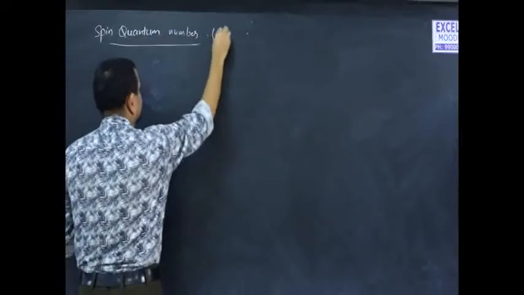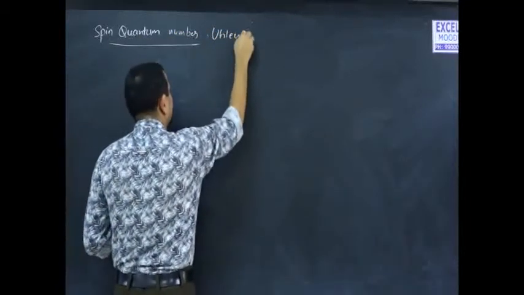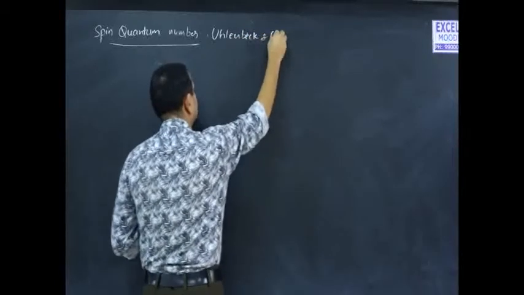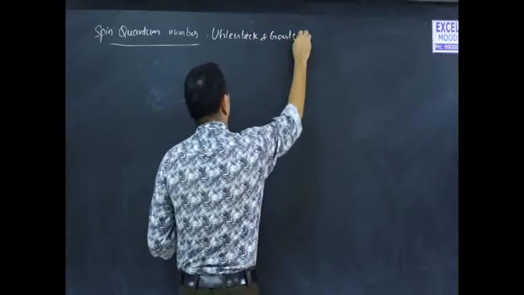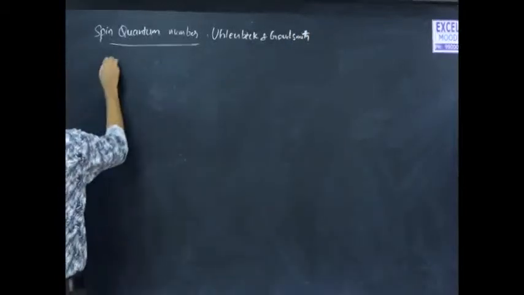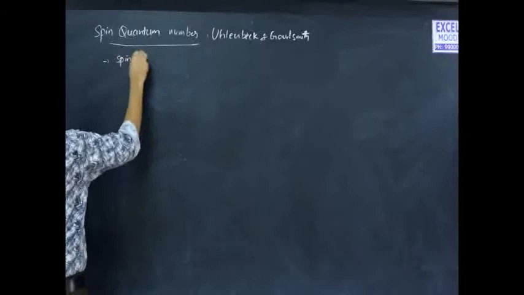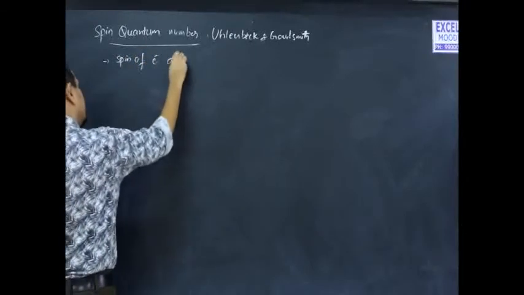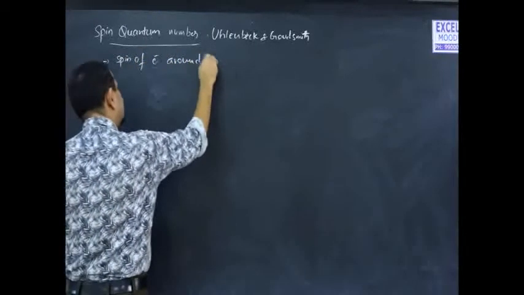The spin quantum number was given by Uhlenbeck and Goudsmit. It indicates the spin of the electron around its own axis.